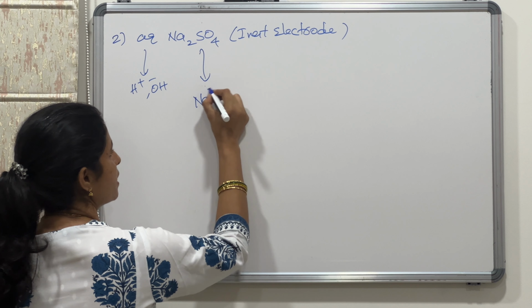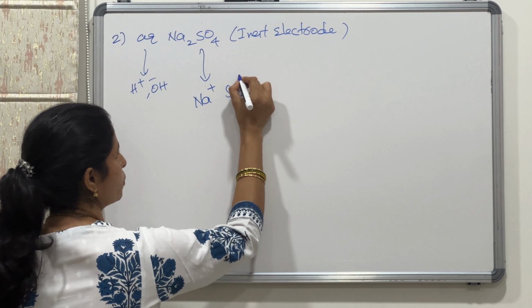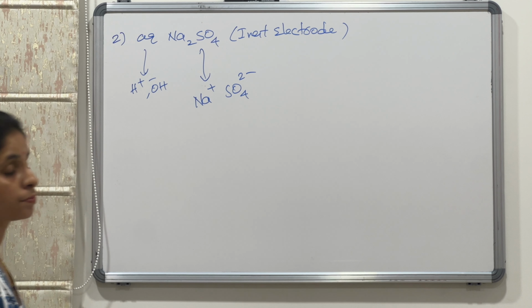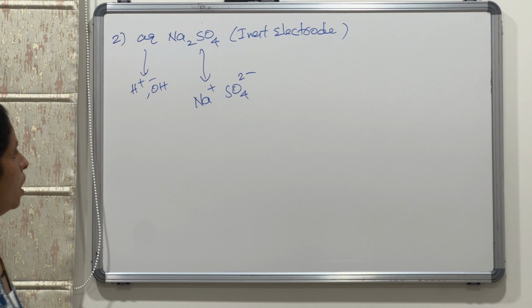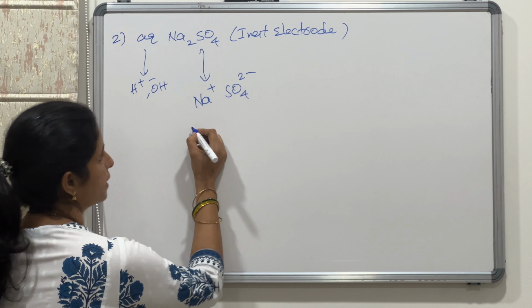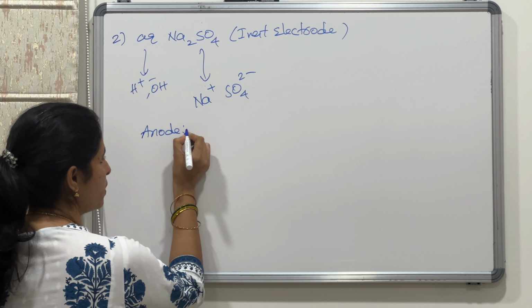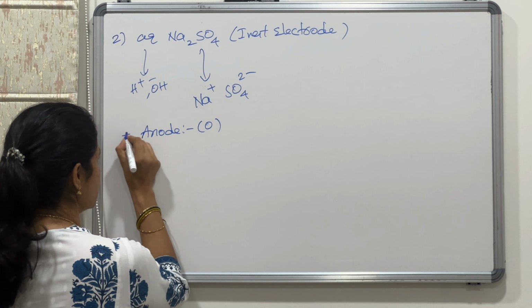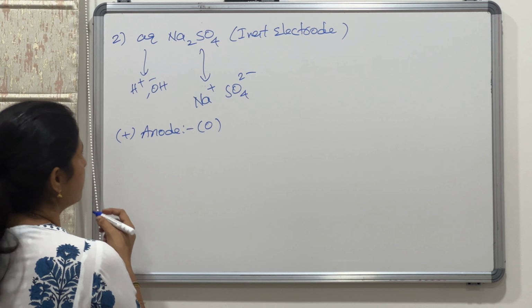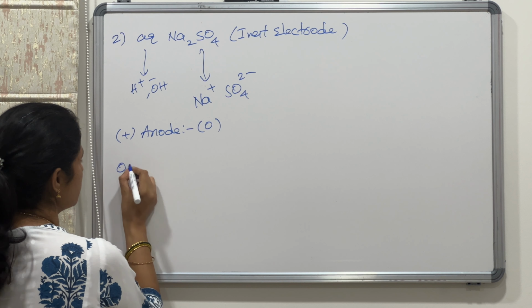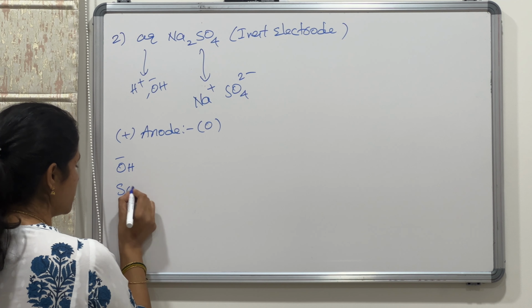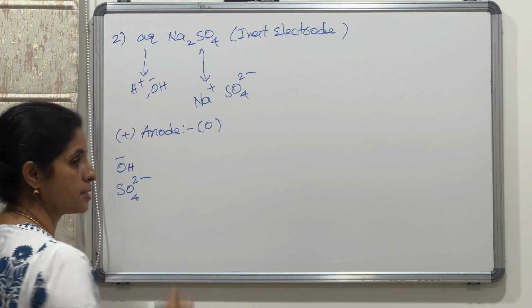Here it is Na plus, SO4 2 minus. Okay, now what are the reactions at the anode? Here I will write the anode. Anode means always oxidation, positive charge. So what are the negatively charged species? OH minus, SO4 2 minus.